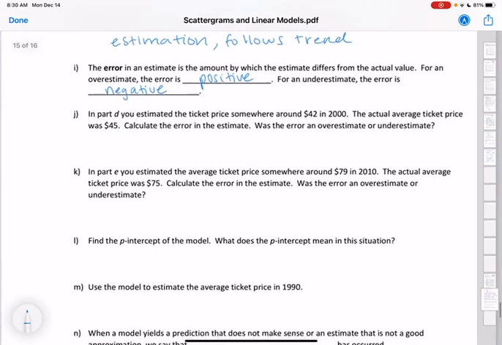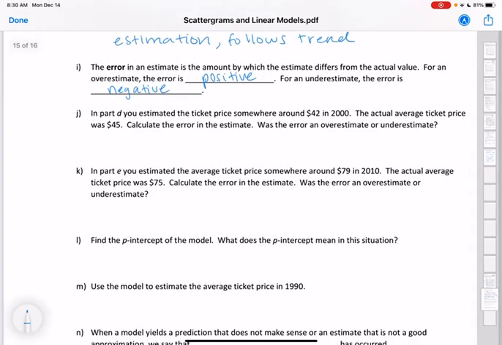All right, for J, it says in part D, you estimated the ticket price somewhere around $42. The average ticket price was $45. Calculate the error estimate. And was it an overestimate or an underestimate? So we're just going to find the difference. Okay, so if it was actually 45, but we got 42, that was a difference of $3.